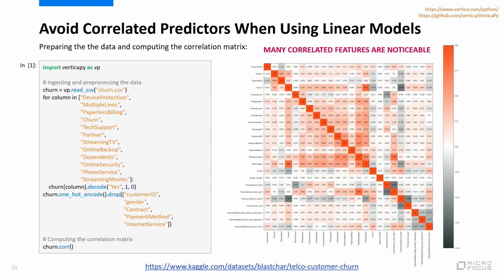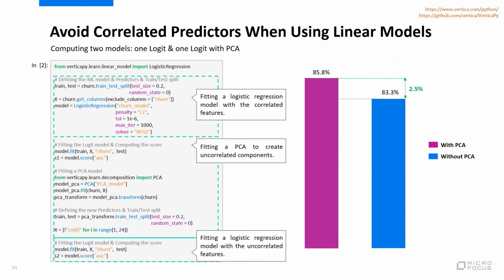And in this case, just imagine that two coefficients are correlated one to another. Then the algorithm will not know to which coefficient it should give more or less value. One way to deal with it is, of course, to use a PCA to decorrelate the features.